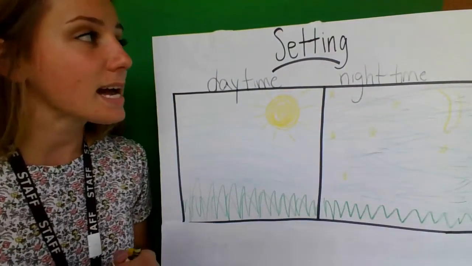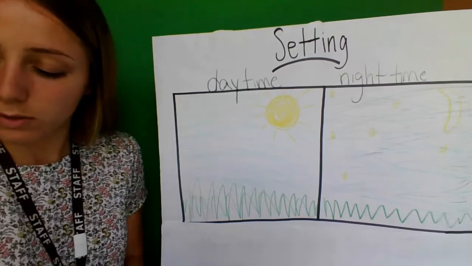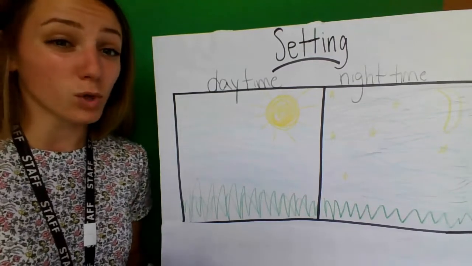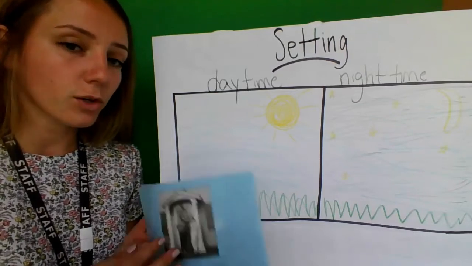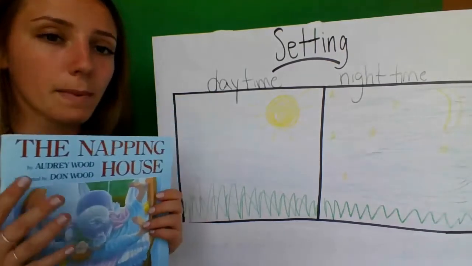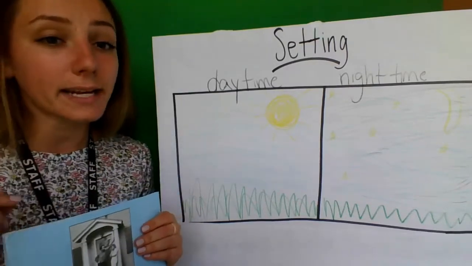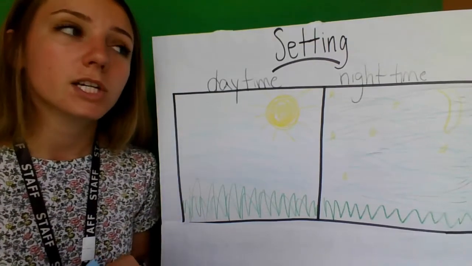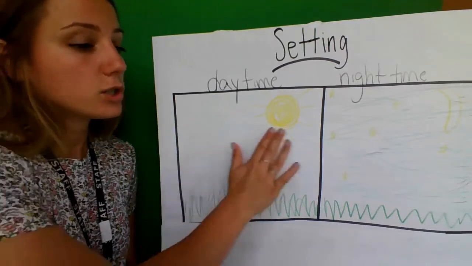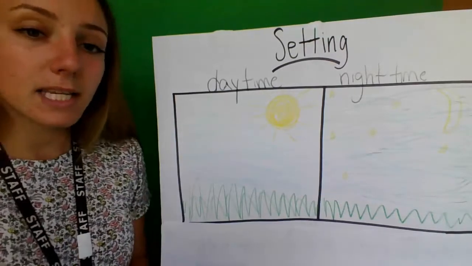Okay? Now I need you all to go back, if you don't remember, and look through the story, maybe at the beginning of the story and at the end, and see how the setting, the napping house, changed. You're going to draw that on your activity sheet.